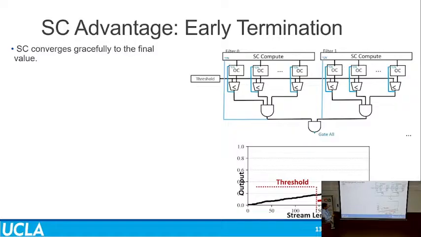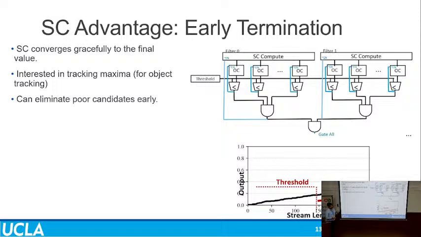So we use this technique called early termination, which basically, as the stream is being processed, we keep track of the current state of the output, and based on that, we can terminate the computation early. And this early termination can be used for other things as well. The application we were interested in here was object tracking. So in that case, usually you're tracking maxima of certain pixels.